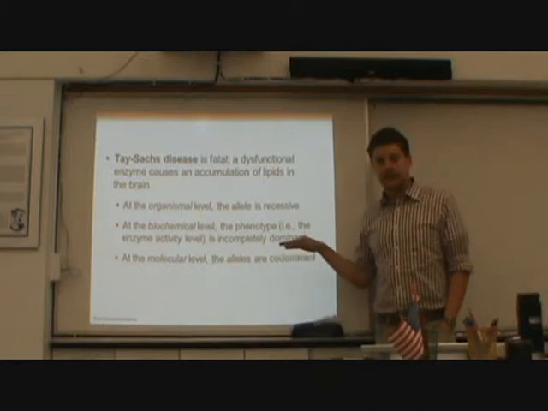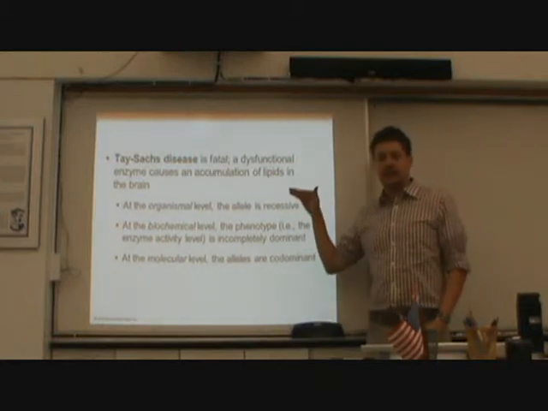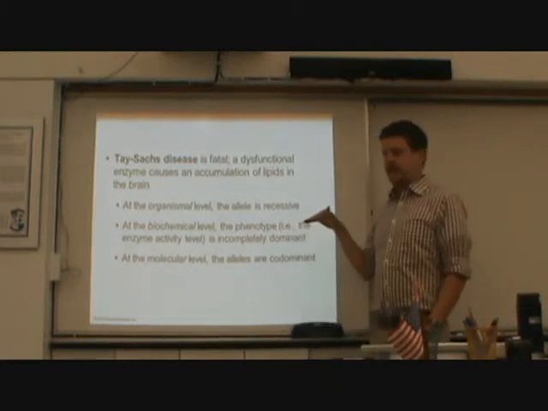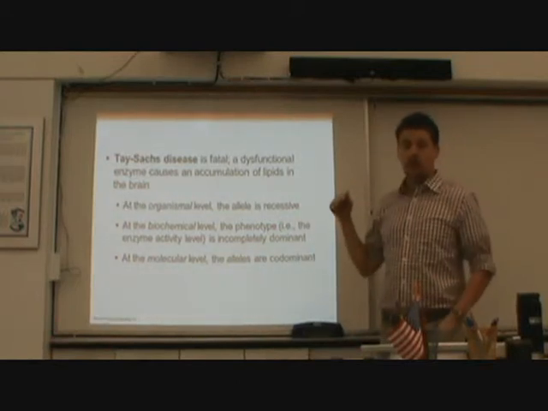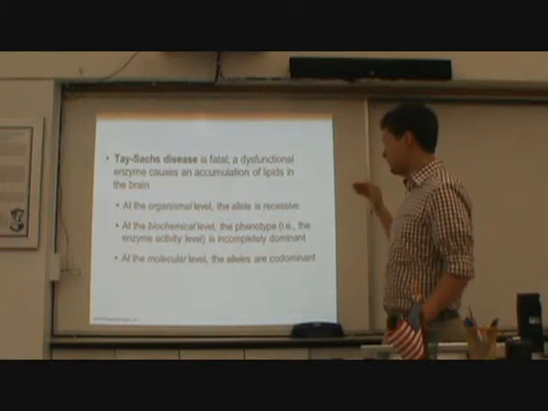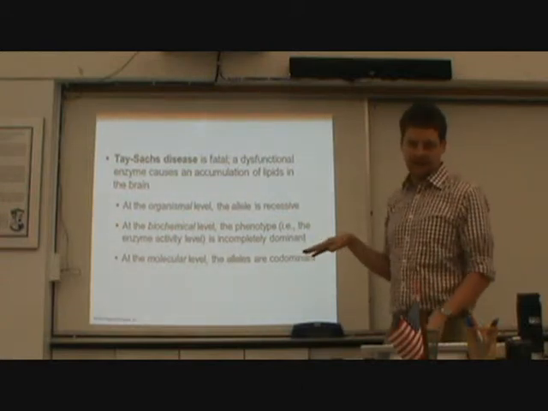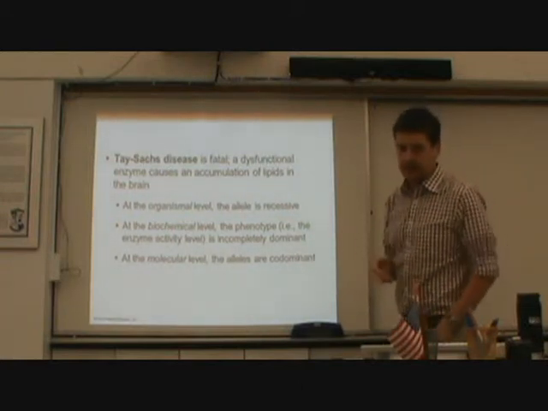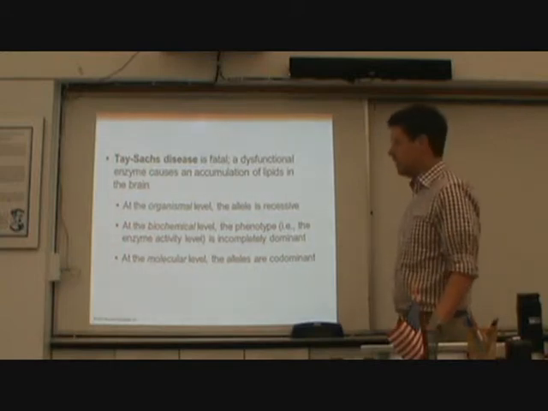Individuals that are heterozygous are going to have slightly lower enzyme activity. And then individuals who are homozygous recessive have no enzyme activity, and those lipids build up to the point that the individual dies.